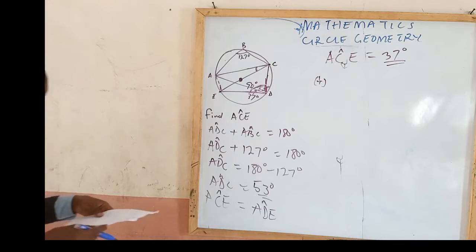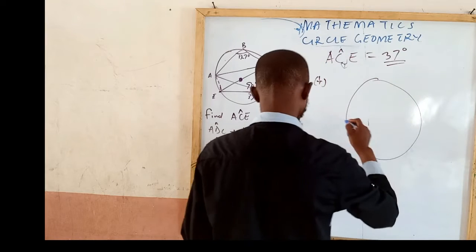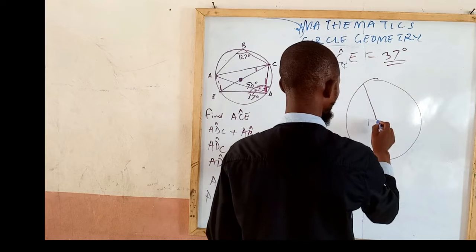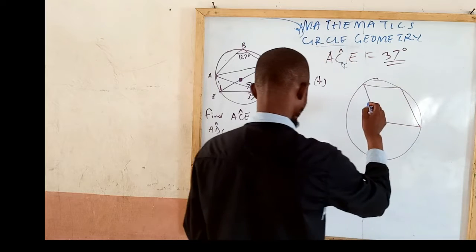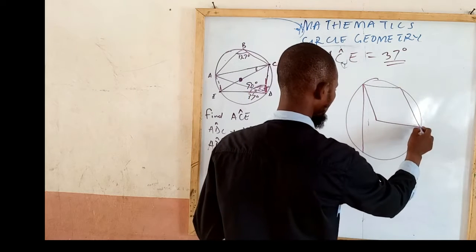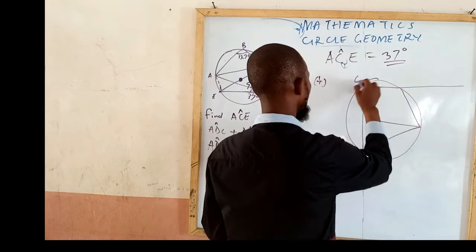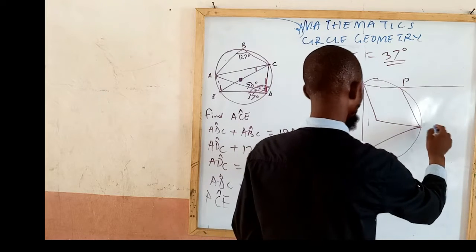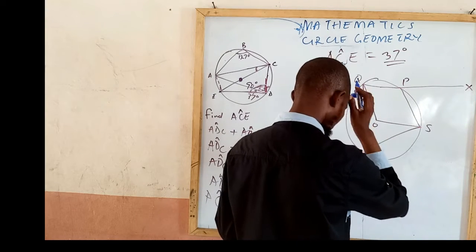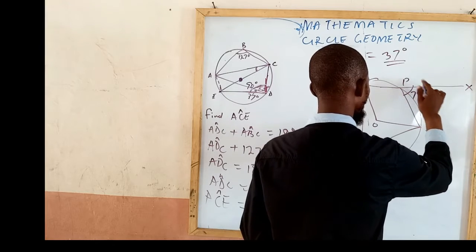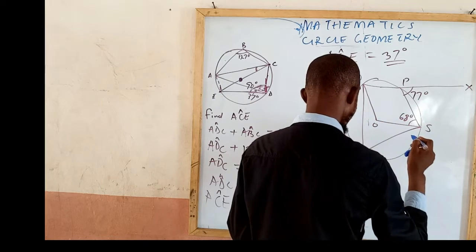In number 4, I have this. Q, P, S, X, center O. This angle is 77 degrees and this angle is 68 degrees.